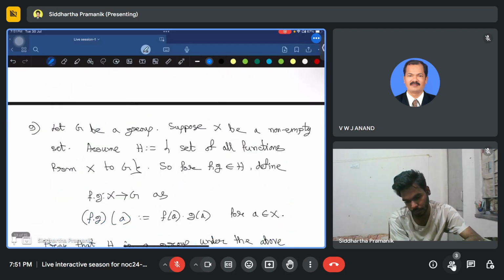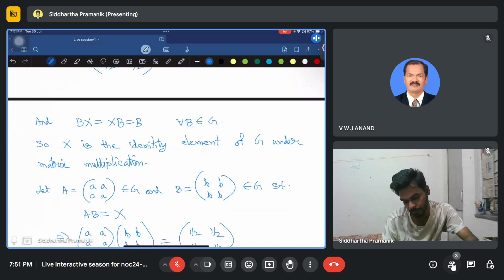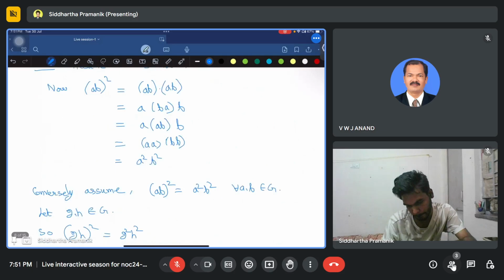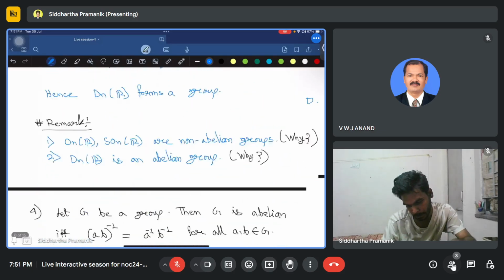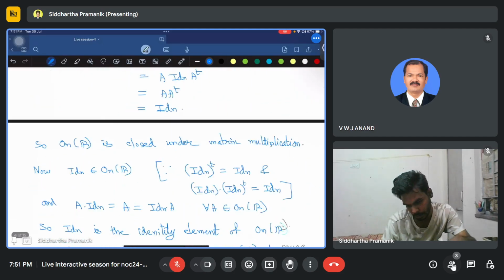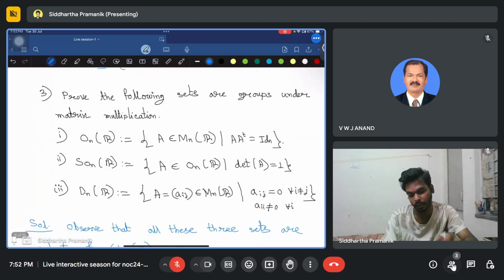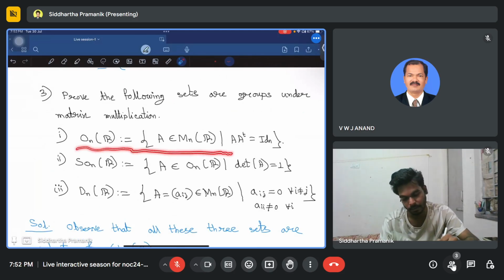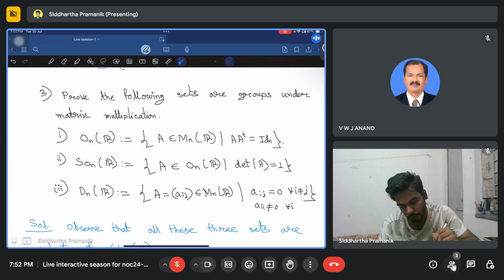So one more thing I need to mention. Let's go back to the problems. Yeah, the examples of matrix groups. So as I have told, this one is the group of all orthogonal matrices, and this is known as the orthogonal group of order n. So let me write that.